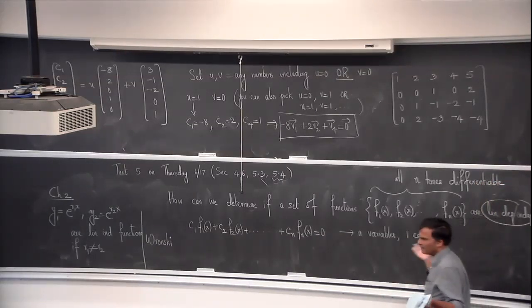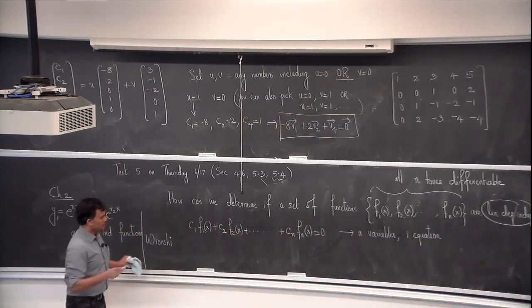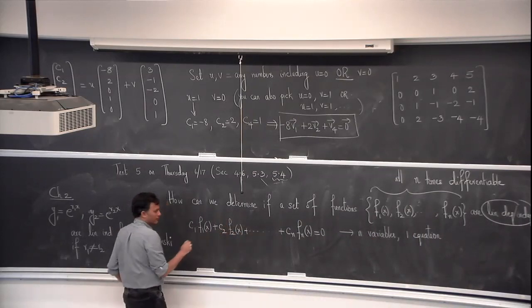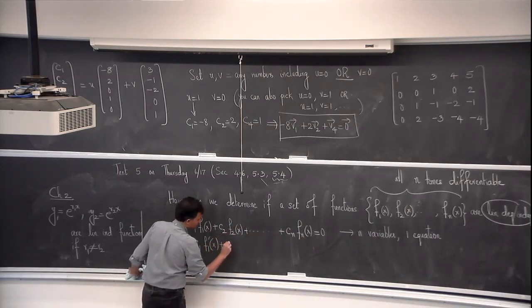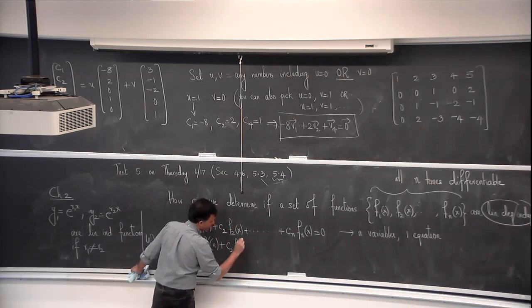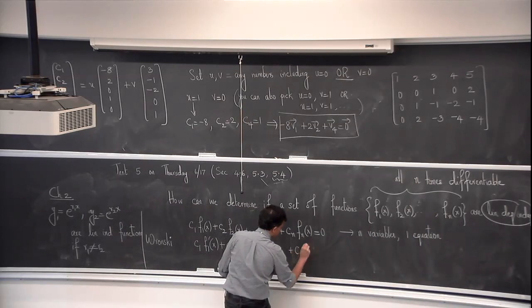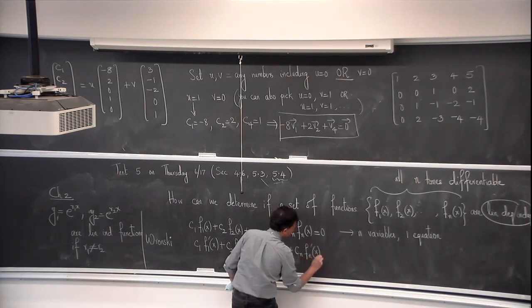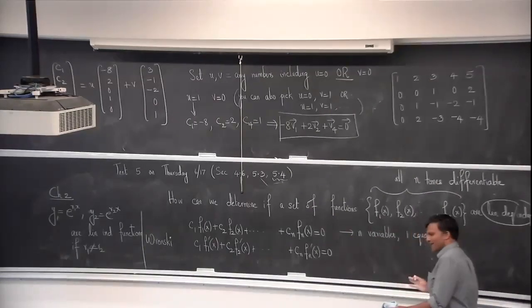So they're all well-behaved functions: polynomials, exponential, sine, cosine. So take the derivative of this equation from left to right, you get c1 times f1 prime of x plus c2 times f2 prime of x plus cn times fn prime of x equal to 0.